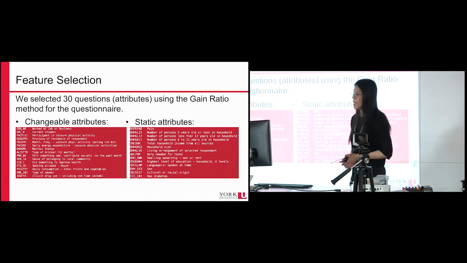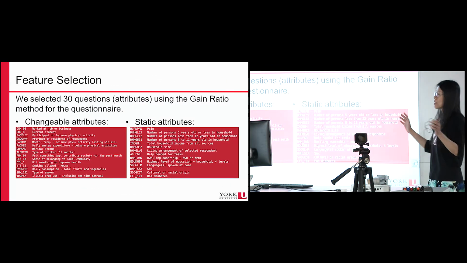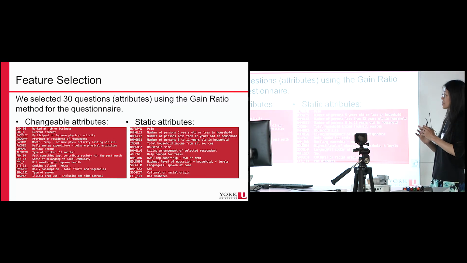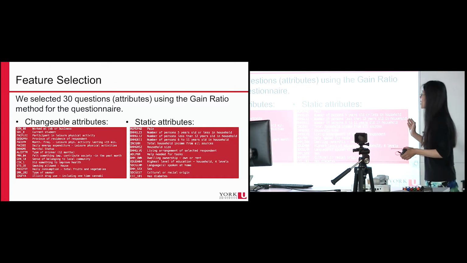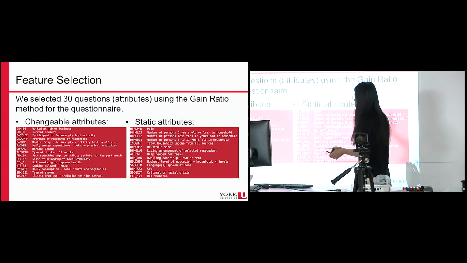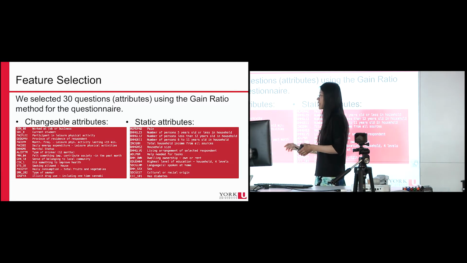Okay, and the data set we have contains 114 questions, but for the system to be usable, over 100 questions is too many. To be practical, we only ask a user 30 questions.